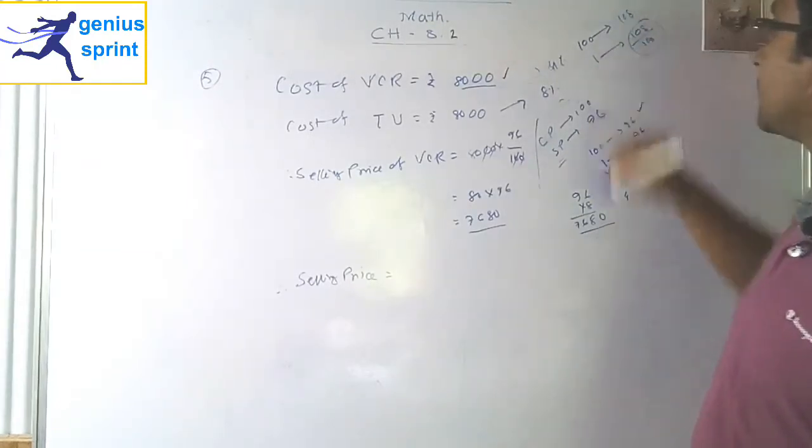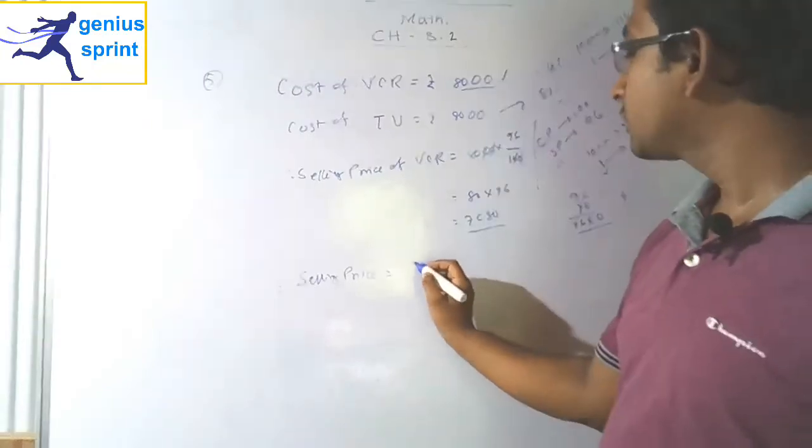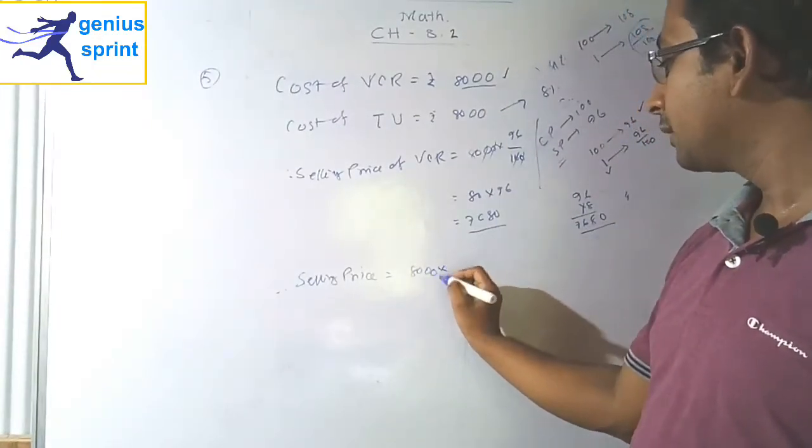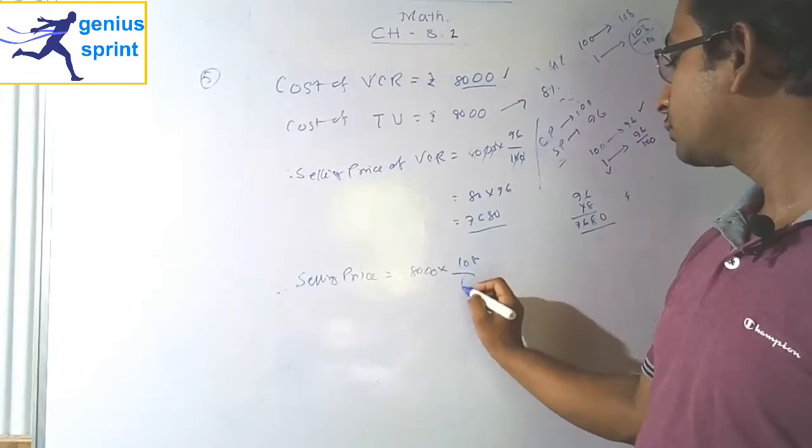So we have to multiply this. SP is equal to 8,000 into 108 upon 100.